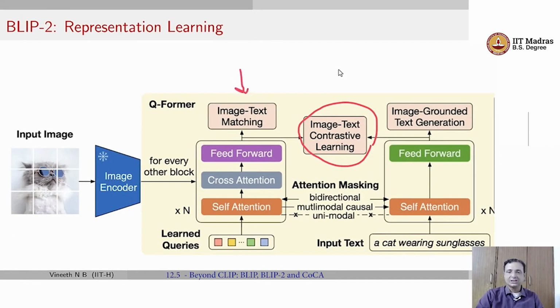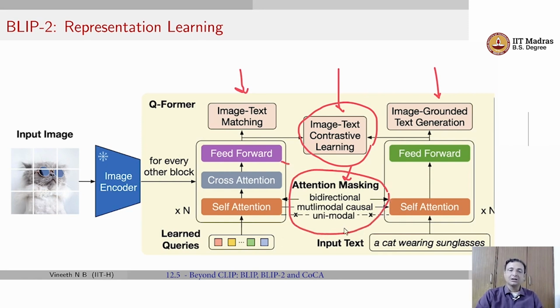So these three tasks with corresponding losses that you see, image-text matching, image-text contrastive learning and image-grounded text generation, are very similar to BLIP and use the same loss functions. But there is something else that you can see here, which is that the attention is of three different kinds.